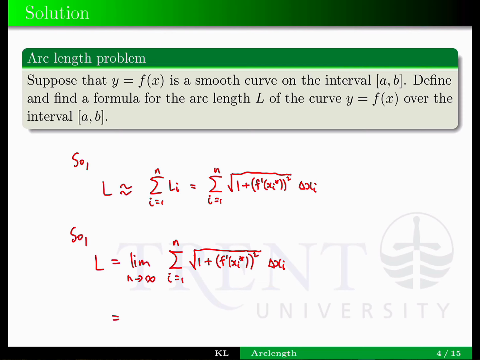And if the limit exists, this is precisely the integral from a to b of the square root of 1 plus f prime of x squared dx. So this will be the formula for our arc length.